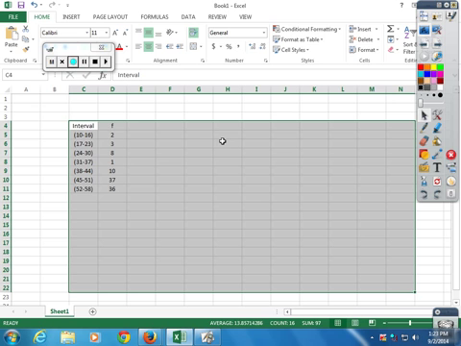Now this is not going to help you because you can't calculate these. These are classes. So what you need to do is break this up into the lower class limit and the upper class limit. On your page, make some columns like so.